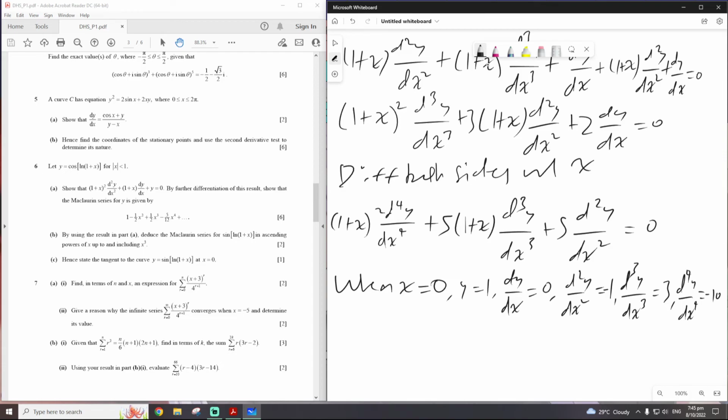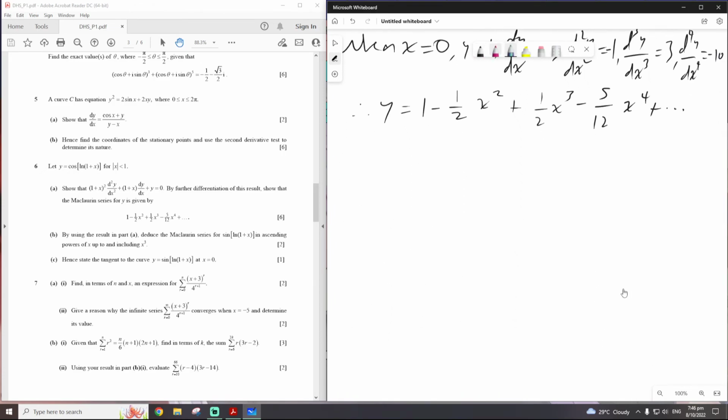And finally, this is 3, this is 15, and this is 10. So this is negative 10. All right, there you go. So therefore, you can write y equals 1 minus half x squared plus 1/2 x cubed minus 5/12 x to the power 4, just quoting what they wrote there. Of course, you can write down the general Maclaurin series, with the factorials and everything, and simplify from there.